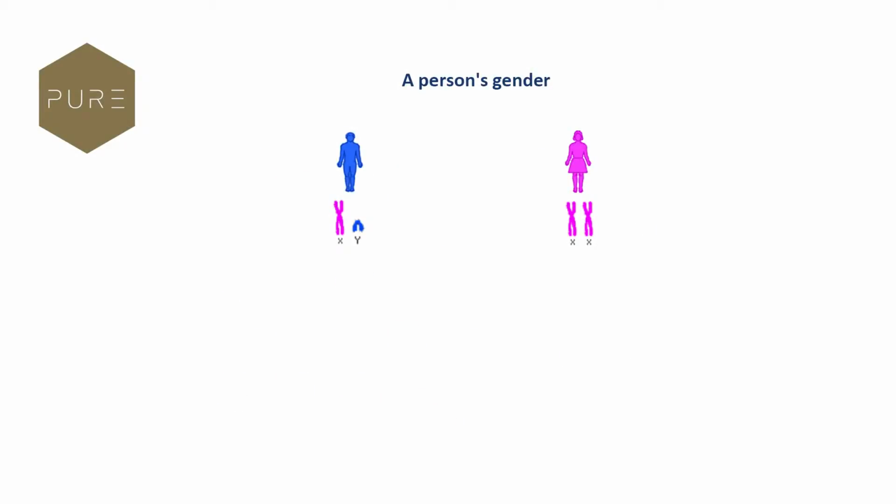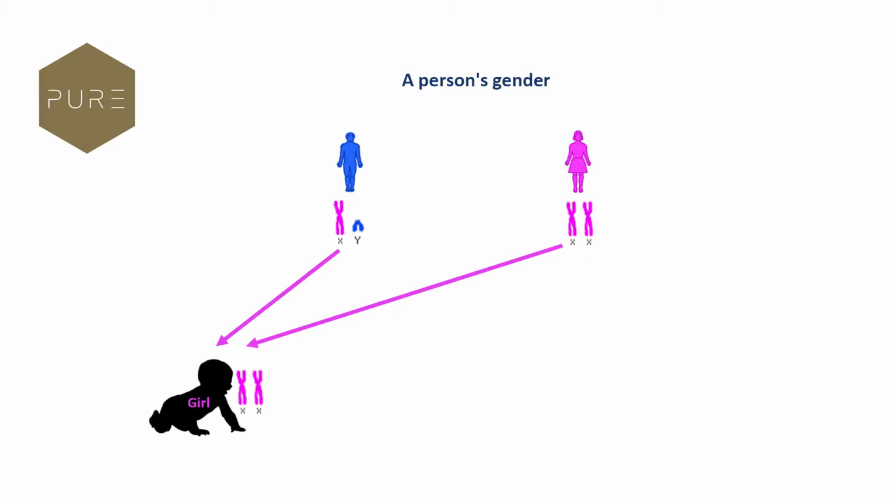So let's look at a couple that together have a child. The man has an X and a Y because that's why he's a man. And the woman has 2 X chromosomes. Now, when they have a child, they will by chance pass on one of the 2. So the man can pass on the X chromosome, and from mom, the baby will also get an X chromosome.